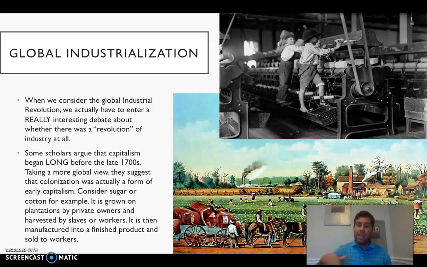And so you can see that in the colonial cycle, there's the exact same connection between workers producing and workers consuming that defined capitalism in the Industrial Revolution, which can trace itself back to the colonial era. And so we enter a debate about, is the Industrial Revolution older than we think it is? Did it actually begin long before the first factories were built?